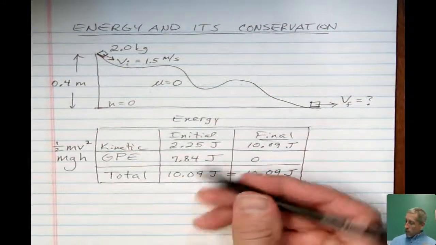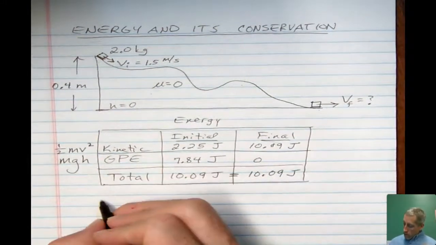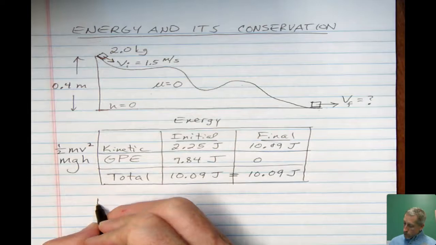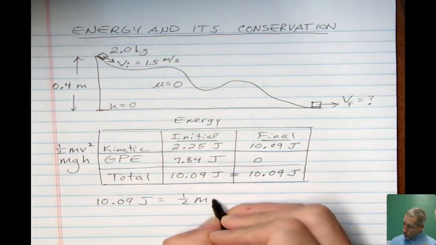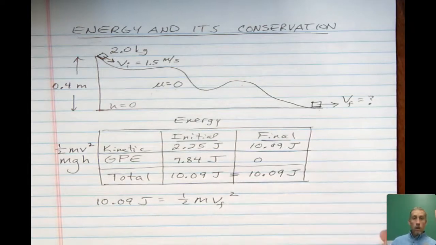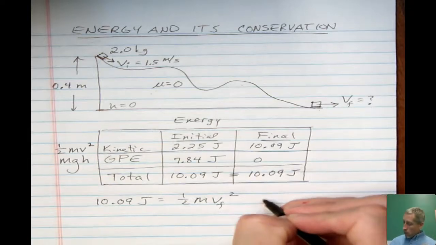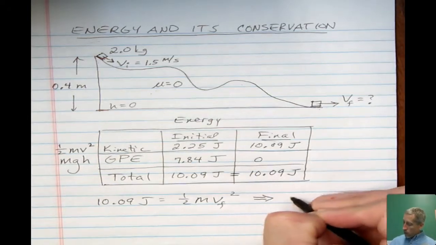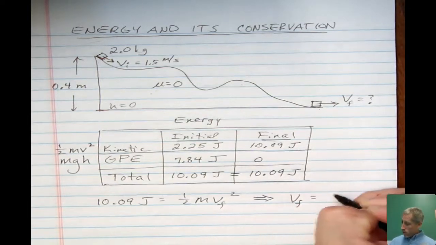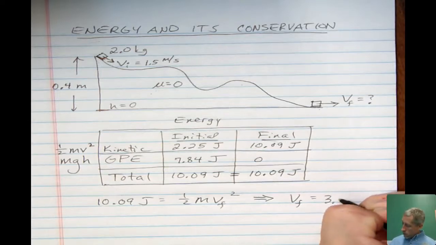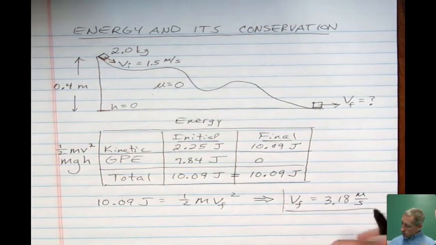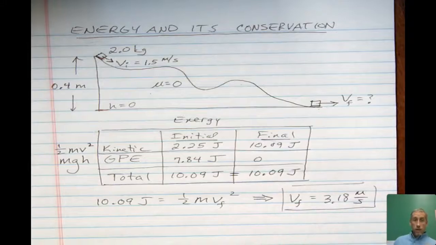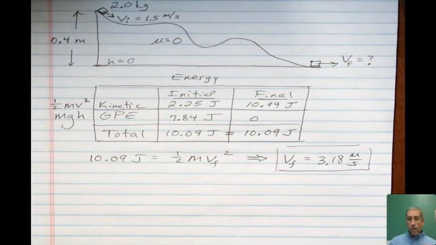Remember that kinetic energy is 1/2 mv squared. So if 10.09 joules is our 1/2 m times the final velocity squared, I'm not going to show every math step, we can now solve for the final velocity. And we will get 3.18 meters per second. I did that calculation earlier. You might show a little bit more algebra than I did, but that's how we arrive at that final answer.